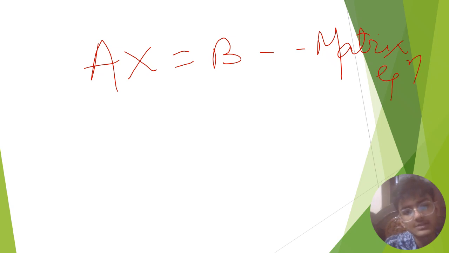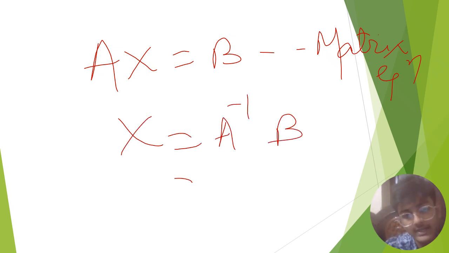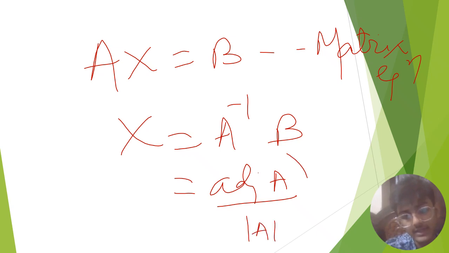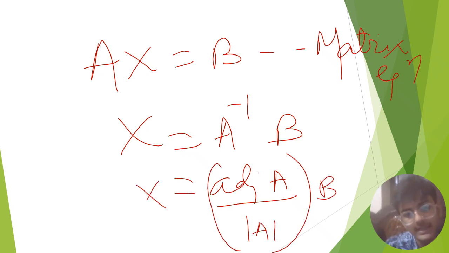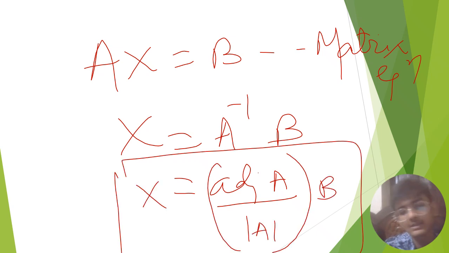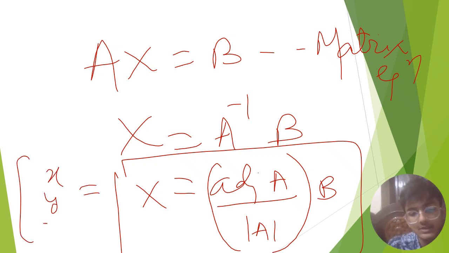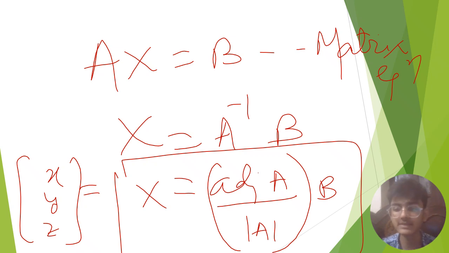Just pre-multiplying both sides by A inverse, we will get X equals A inverse B, which we can write as adjoint of A over determinant of A into B. This will be the X. Now calculating A inverse and multiplying it by B, we will get a matrix, and we will compare it with xyz and get the values of xyz.